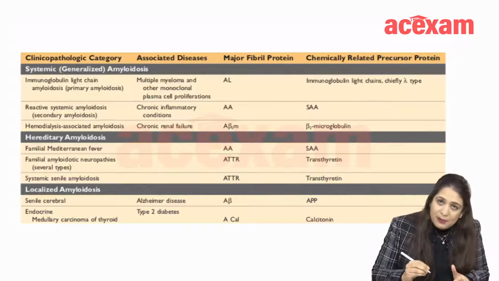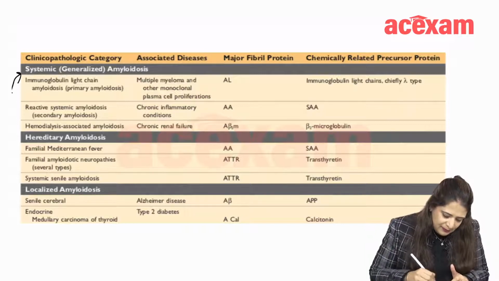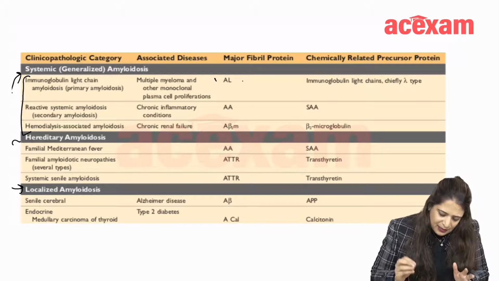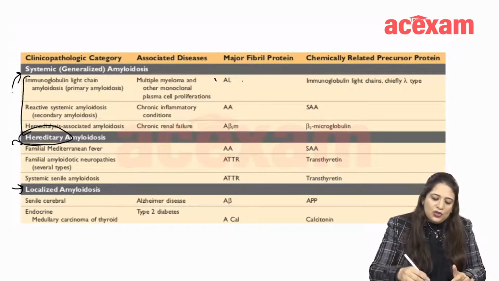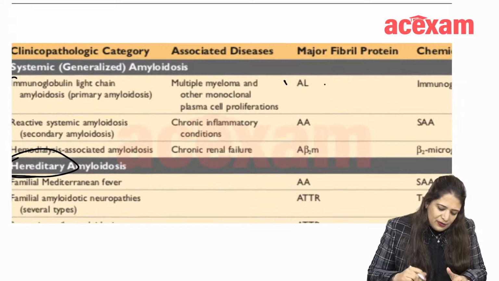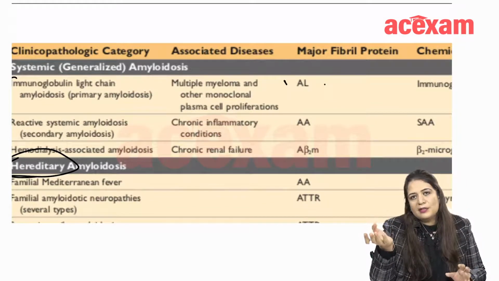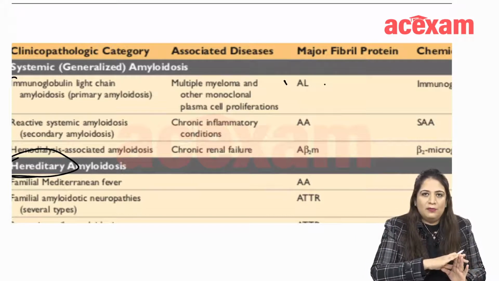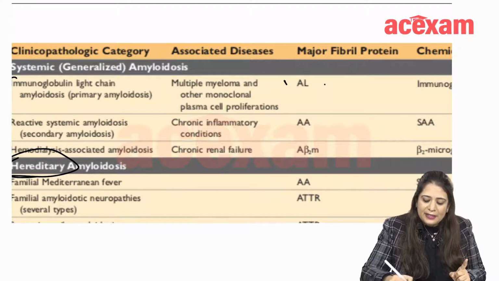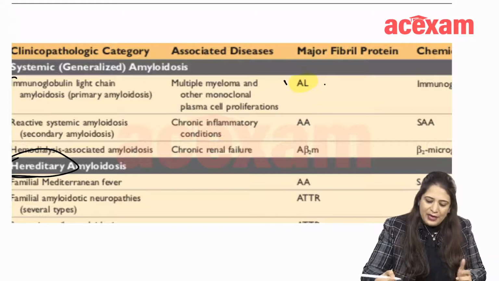And if you see, amyloidosis could be systemic, it could be localized, and this systemic can be due to different conditions, like the primary, secondary amyloidosis, or it could be even hereditary. So when we look at the generalized kind of amyloidosis, remember that primary amyloidosis is associated with multiple myeloma. The kind of amyloid is AL. L for light chains. So multiple myeloma.